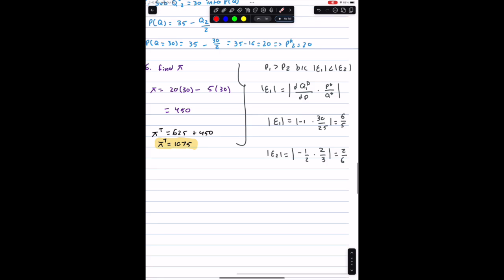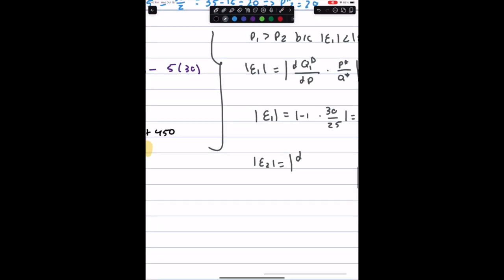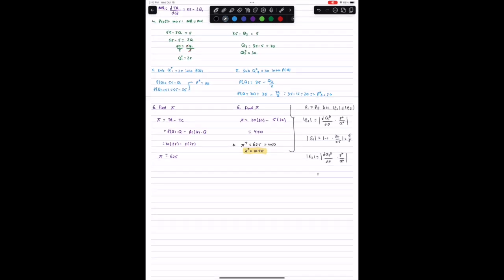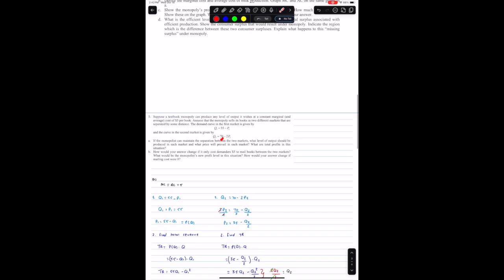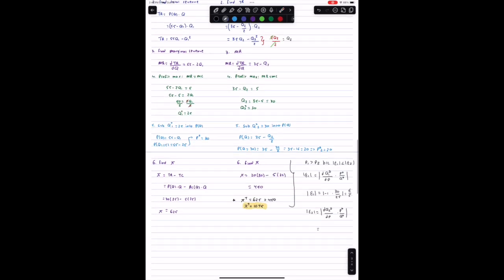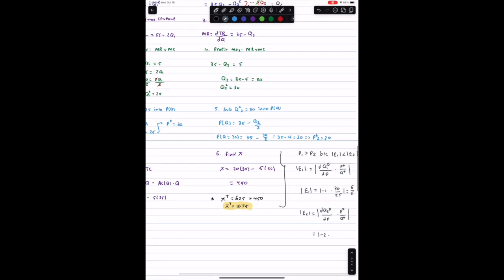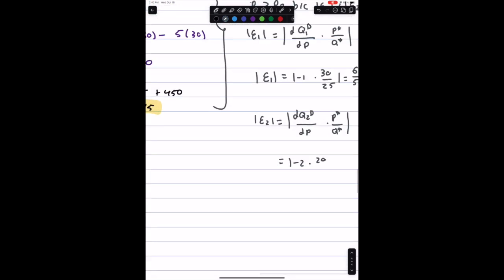We know that this is going to be equal to the derivative of quantity demanded 2 over the derivative of price times P star over Q star, which is equal to, we know that this derivative is -2, 70 minus 2P2, we know it's -2, times, again, what was it, 20 over 30? 20 over 30, which is just equal to 4 over 3.